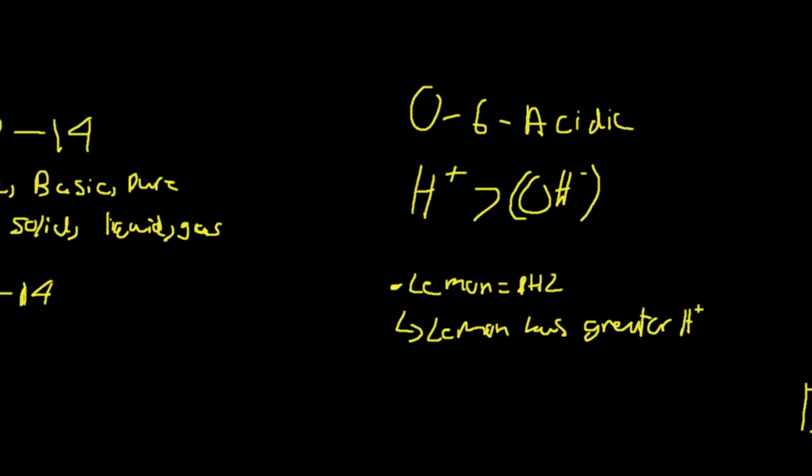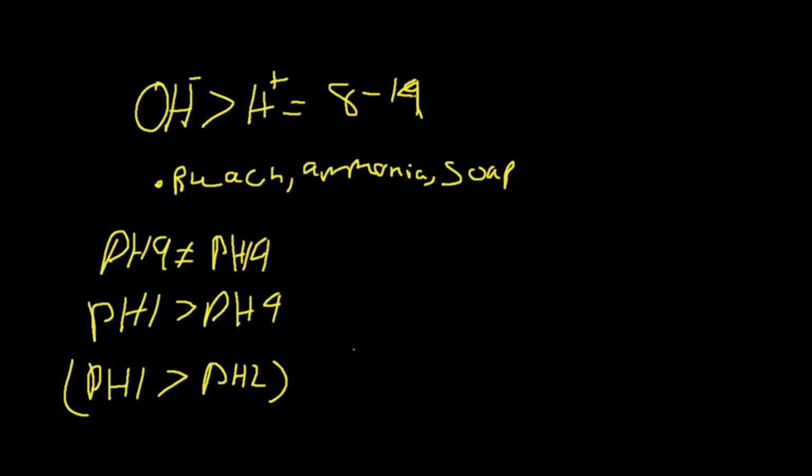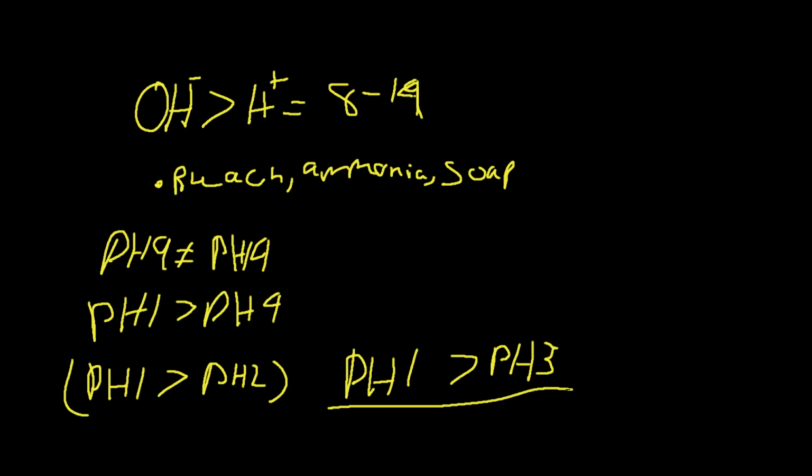And then when we move over, let's say pH 1 is going to be greater than pH 3, and then the difference now is going to be 100, because now we've moved by 2 steps, as we've learned that pH moves in powers of 10. So pH 1 to pH 2 is times 10. This is going to be times 100.